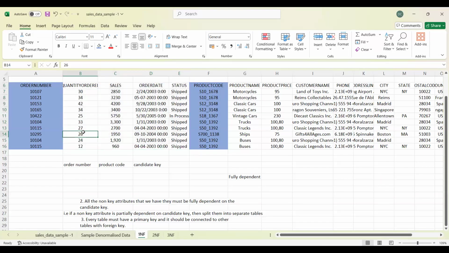So quantity ordered is the quantity they ordered on this order number, the sales happened on this order number, the order date of this order number and the status of this order number, correct? Am I right? This data is fully depending on the order number only. It's not a relation, but we can understand this data is about order number only, correct? Am I right?